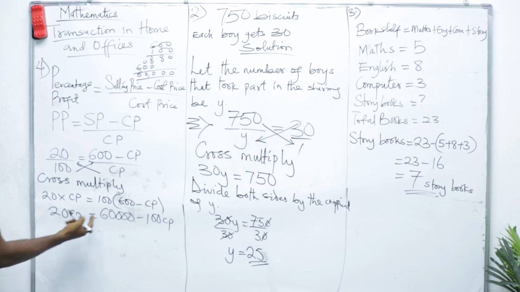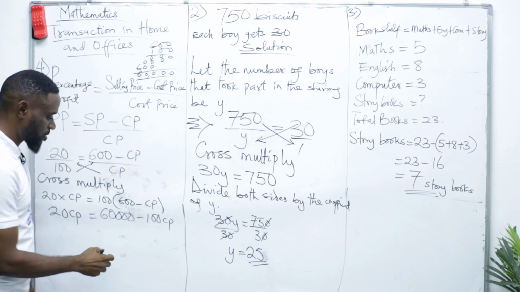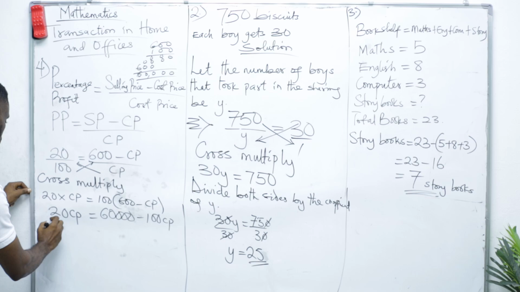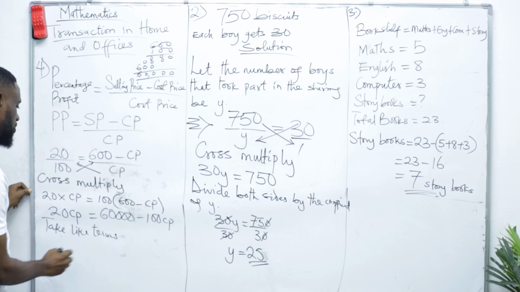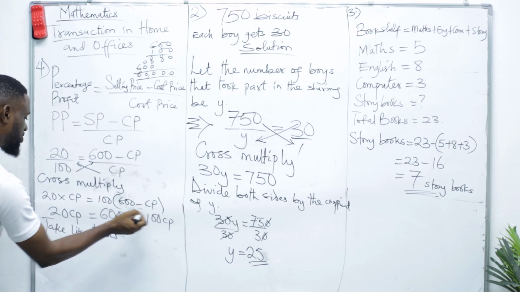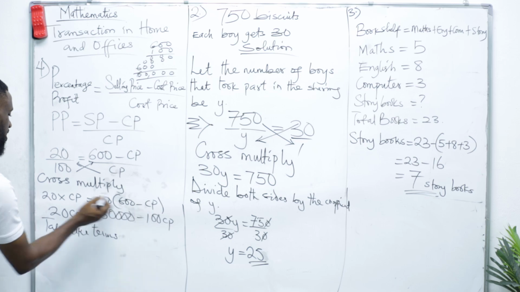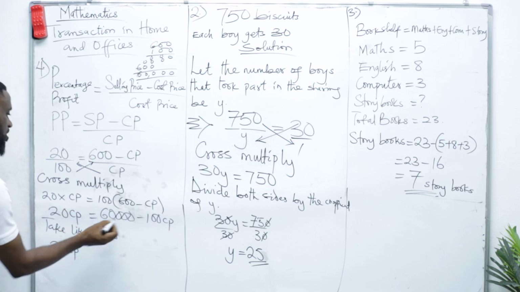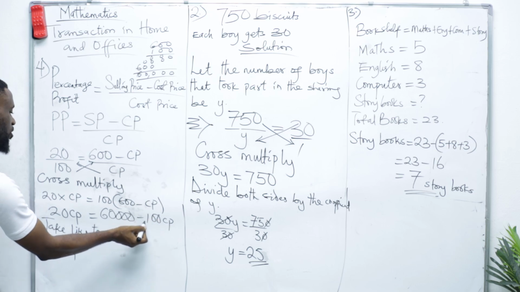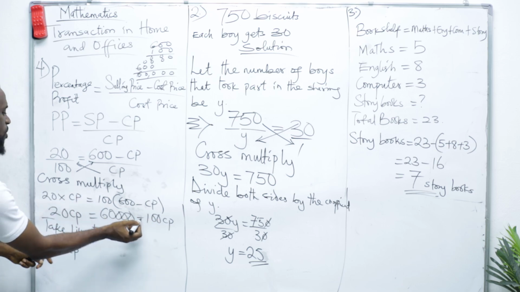Okay, so the next thing we do now is to take like terms. So we take like terms. 100 CP and 20 CP, so let's bring it here. So this will be 20 cost price minus 100 CP. Once it moves to the other side of the equation, minus will change to plus.